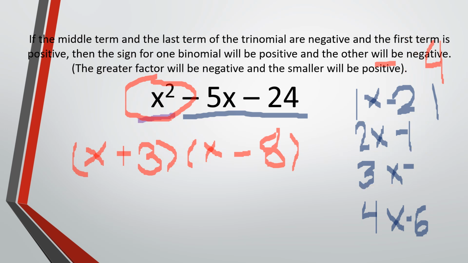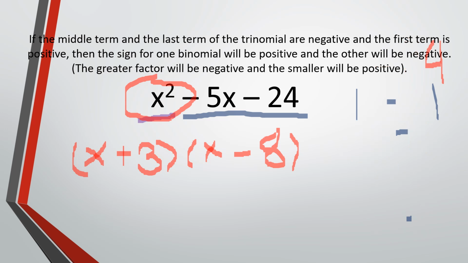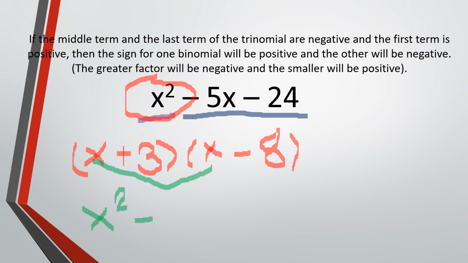Now, to check whether it's correct, let's do the checking. Alright, if you have x multiplied by x, the answer is x squared. If you have x multiplied by negative 8, the answer is negative 8x.